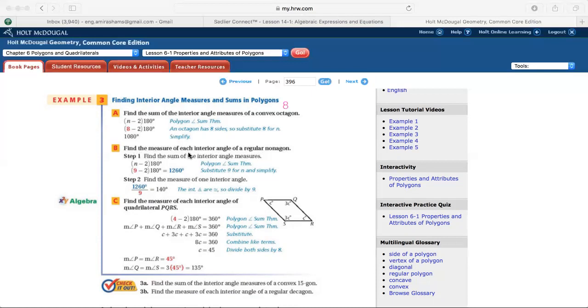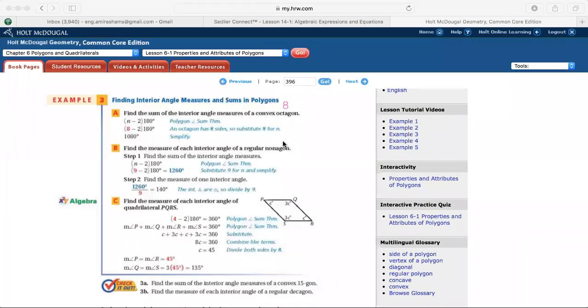Okay, find the measure of each interior angle of a regular nonagon. They want the measure of each one. To get it, I have to follow these steps. First, I want to get the sum of all the angles. Nonagon means 9. What is the rule to get the sum of the interior angle measures?